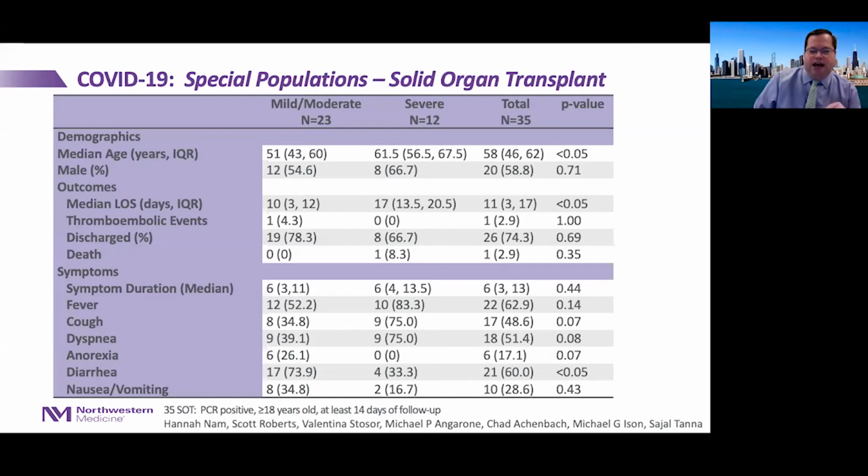Interestingly, there was a higher proportion of patients presenting with diarrhea, particularly early on in their clinical course, and things such as fever were far less likely, particularly in patients with milder disease, those that only required the floor or outpatient management. Next slide.